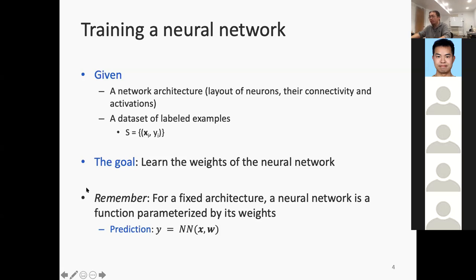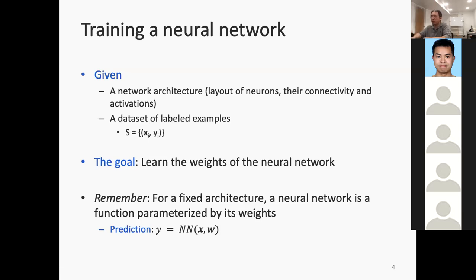For a fixed architecture and a fixed type of activation function, we can view a neural network as a function parameterized by the weights associated with the network. So basically, you can view the prediction y as a function of the input x and also the weights.